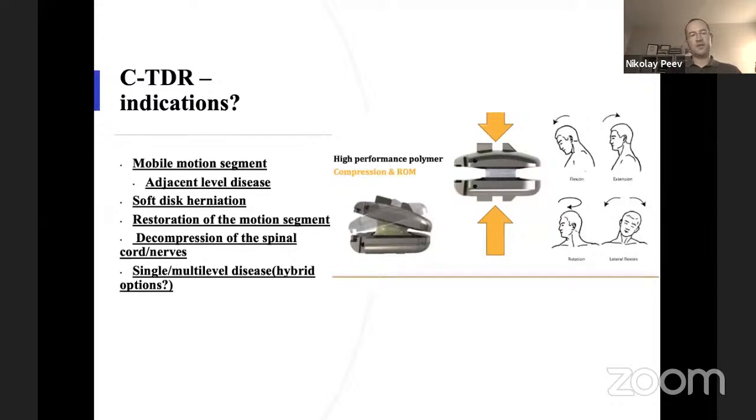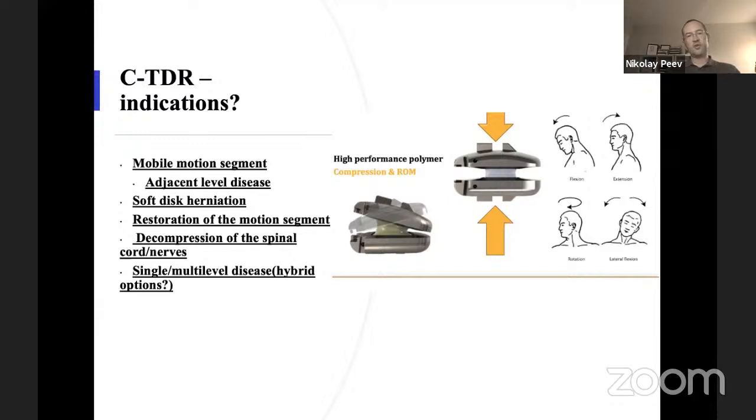I've read one article from the States where they were doing disc replacement over 85. I don't understand that. You have to have soft disc herniation. If you have severely ossified posterior longitudinal ligaments, then you would not go for a disc replacement. You will go for the standard ACDF.